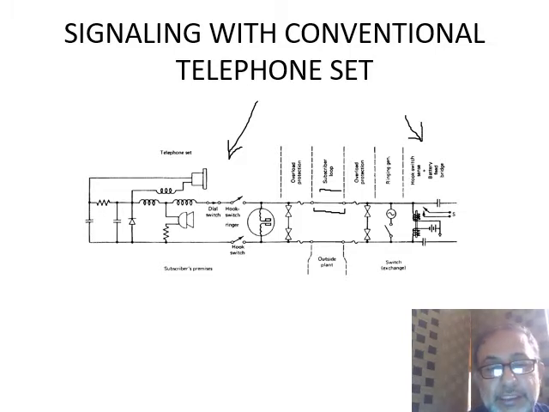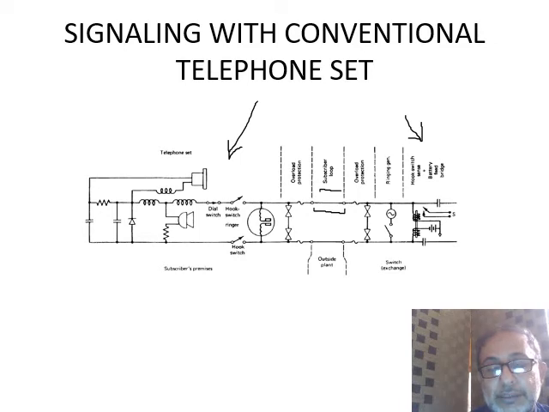Here you can see the mouthpiece and the headphone or the earphone of the telephone set, which are placed in the receiver part, and this is the hook switch, which normally is in the break condition.